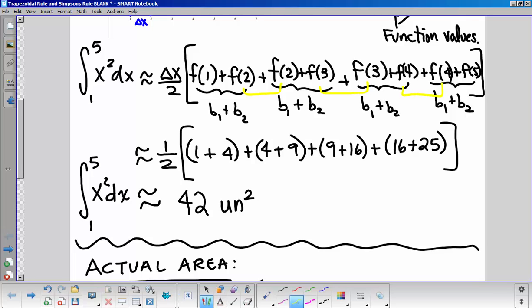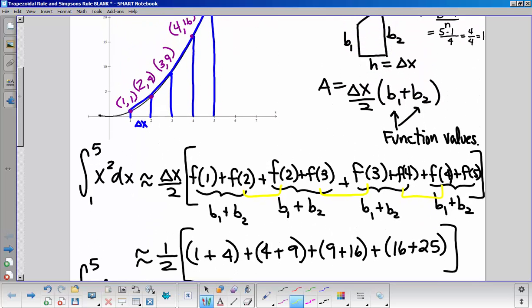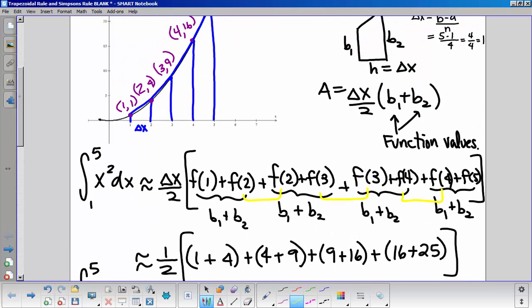And the first and the last one are only once. And that's because, what are we doing with these bases here? We are actually sharing them. The interior bases are being shared. So the first height is all by itself, and then the second height we use twice because it belongs to both the first trapezoid and the second, and vice versa, right, all along.